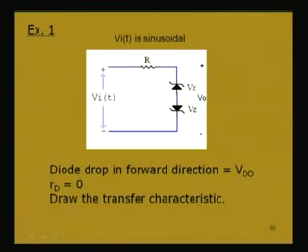Vd naught is the diode drop in the forward direction, because in the forward direction the Zener diode can conduct and will have the normal voltage drop like a normal diode, Vd naught.